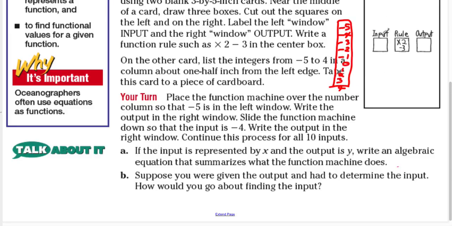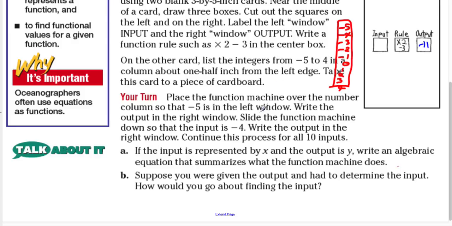You slide it in this input, and as you slide -5 behind this cardboard, you need to write down the output. So -5 times 2 is -10, minus 3 would be -13. So you need to write down -13. If you write down -4 times 2 is -8, minus 3 would be -11. So this becomes -11, and so on and so forth.